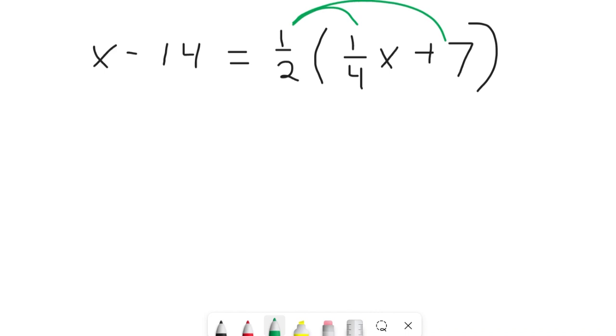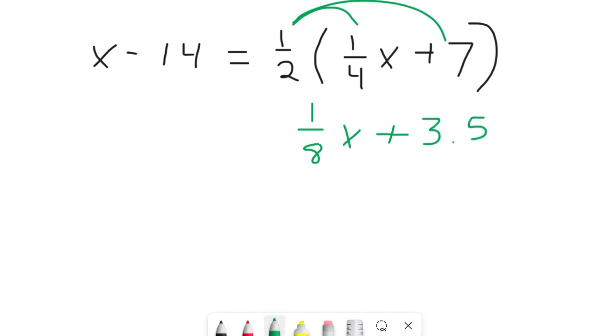So we're going to distribute 1/2 over 1/4 x plus 7. We get 1/8 x plus 7 over 2, which we could turn into 3.5.